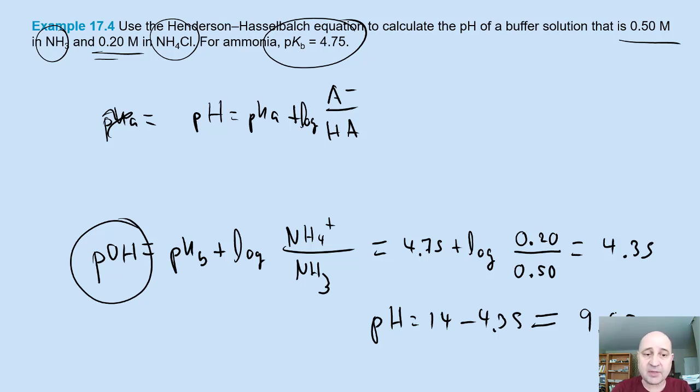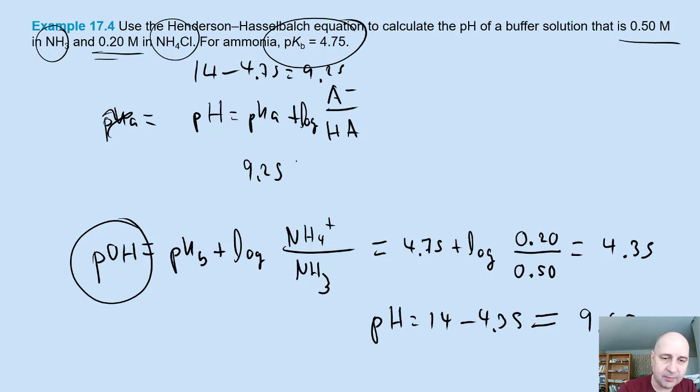But I can do the same thing here, except now I have to calculate the pKa, and that's easily done by taking the pH plus the pKb equals 14. So 14 minus 4.75 equals 9.25.